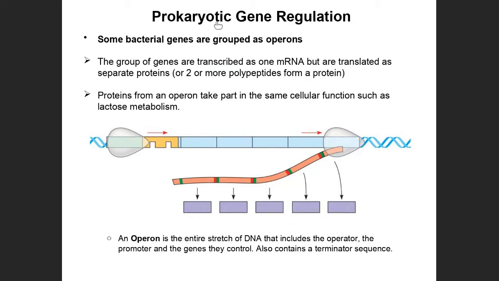Listen carefully. When it comes to prokaryotic gene regulation, scientists discovered that in prokaryotes, specifically bacteria such as E. coli, they tend to have their genes clustered together, grouped together in a group. And that's what they're showing you here. They're showing you a total of 5 genes that are clustered or grouped together.